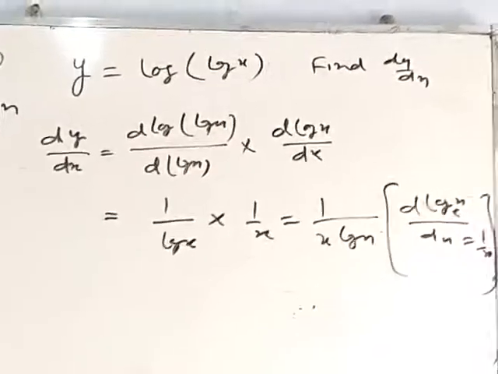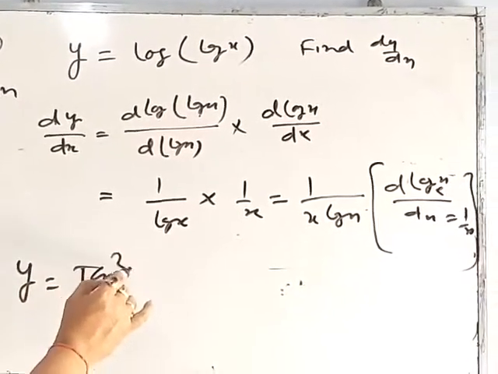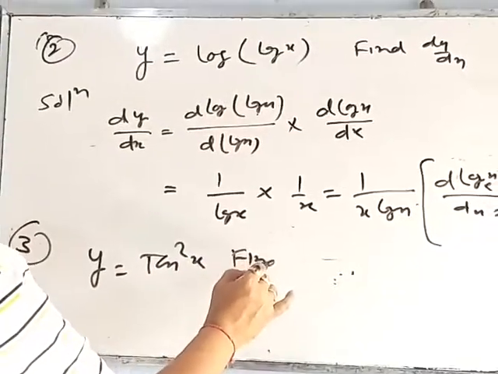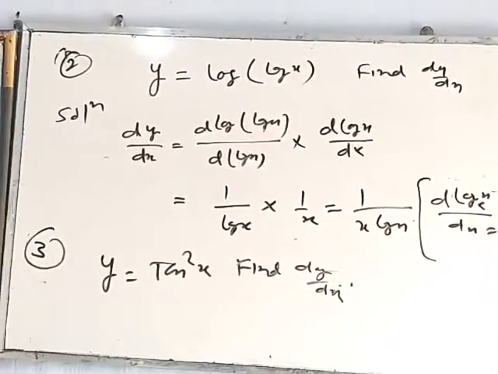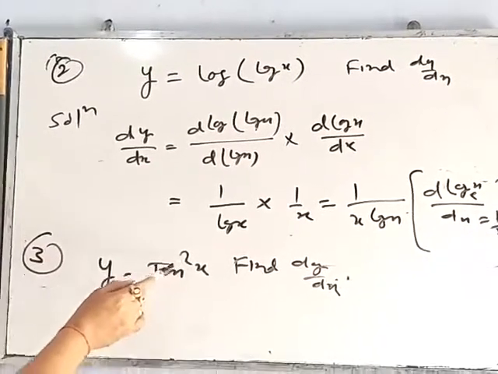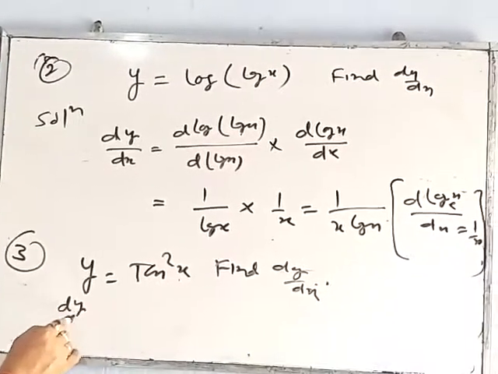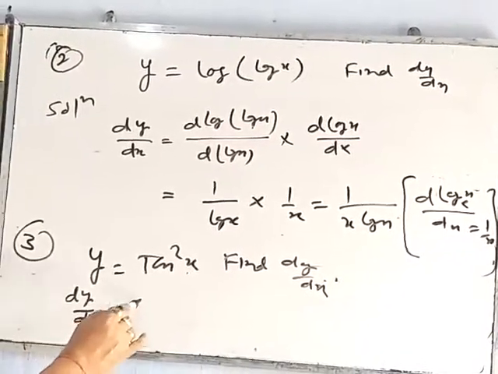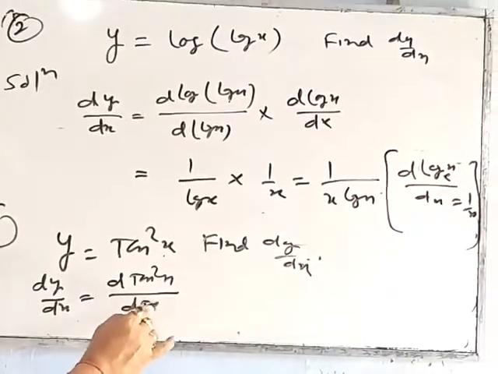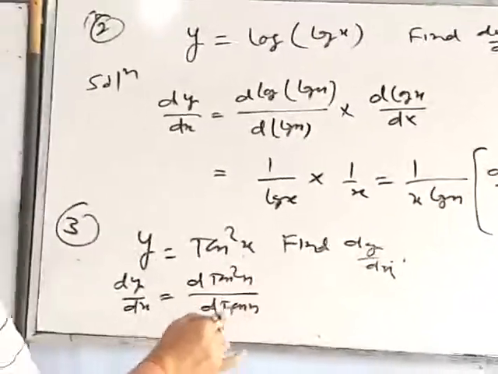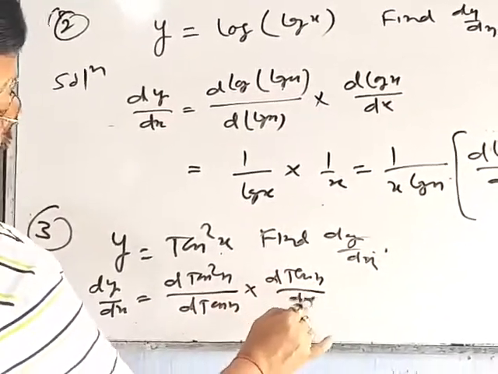Now third, y is tan square x, find dy by dx, student. So here y depends upon tan square, which depends upon tan x. So write dy by dx is d tan square x by d tan x, because it depends upon tan x, and d tan x by dx.